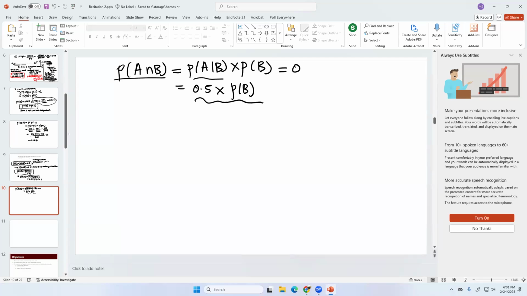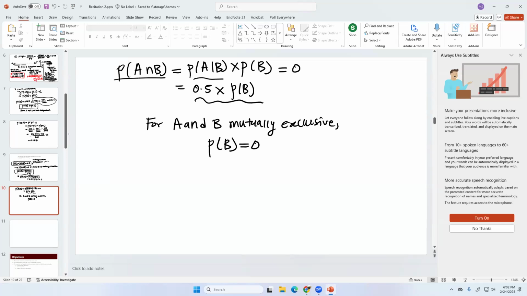So for A and B to be mutually exclusive, probability of B must be 0. Only when this is true, A and B are mutually exclusive. But probability of any event being 0 means what? That means that event does not occur at all, right?